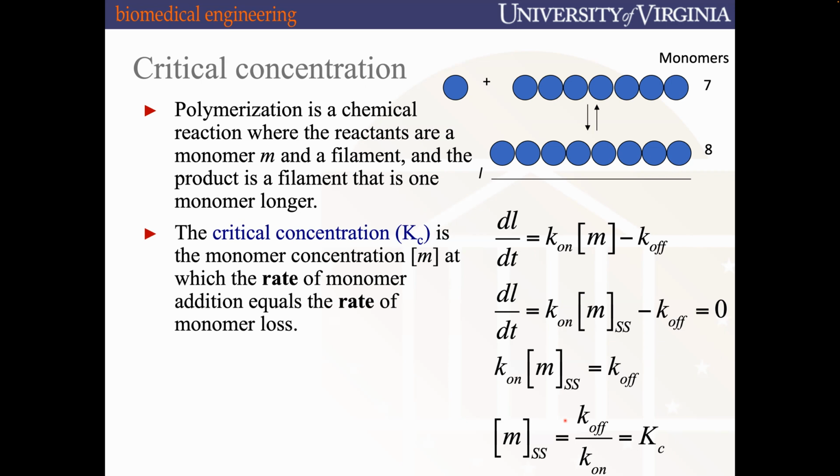So that's K off over K on. Similar to the Michaelis-Menten constant, we can define this as Kc and refer to it as the critical concentration. This refers to the concentration of monomers at which this polymer chain is at steady state.